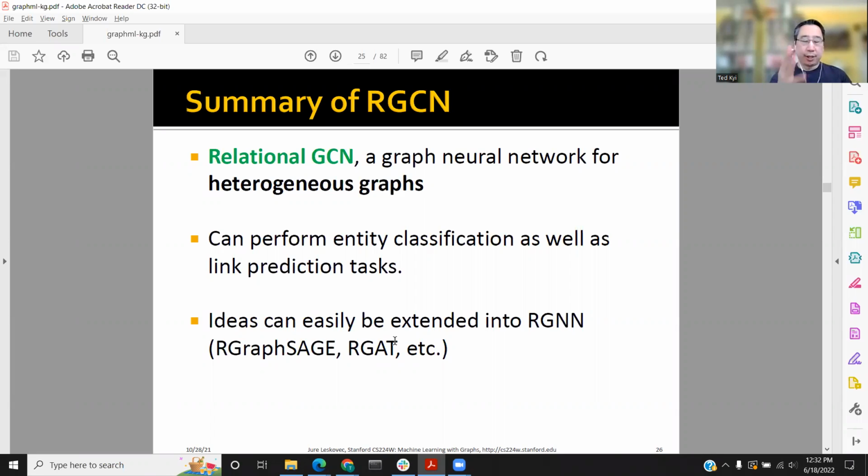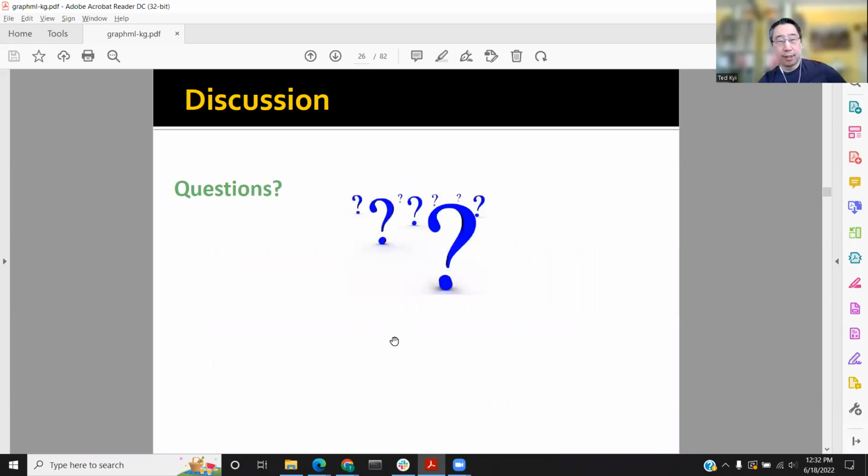So you can very easily turn GraphSage into R GraphSage. Okay, so that's the early intro, talking about if we want to extend our GNNs to heterogeneous graphs. Any questions, comments?